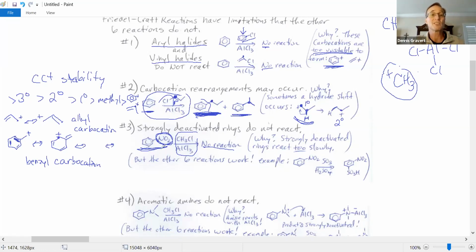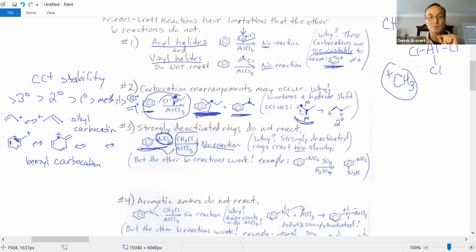In fact, you can use nitrobenzene. It's a liquid at room temperature. You can use it as a solvent for Friedel-Crafts reactions because nitrobenzene won't react. Put in another molecule that contains a benzene ring, and that's where you can do a Friedel-Crafts reaction. Okay, so next video, we'll watch for a listing of deactivating groups, strongly deactivating groups.